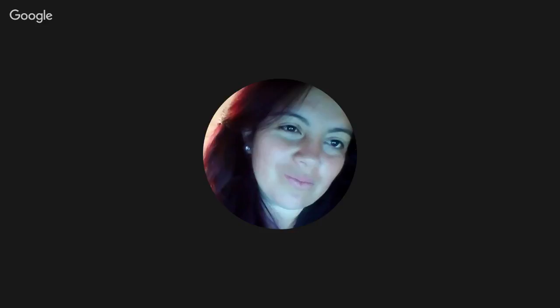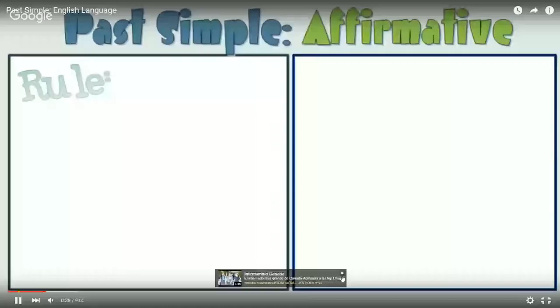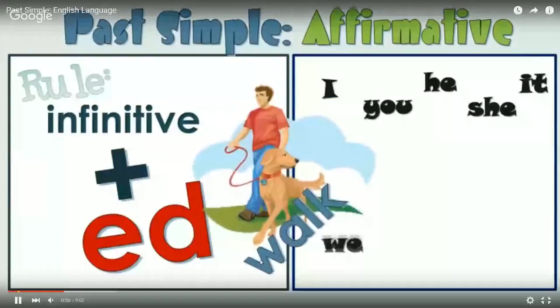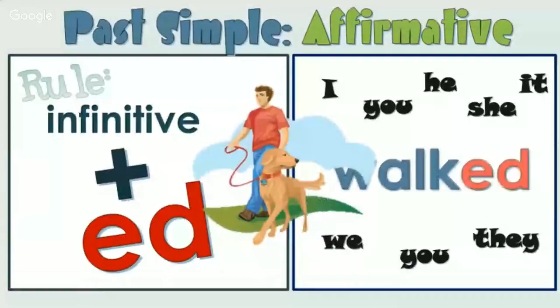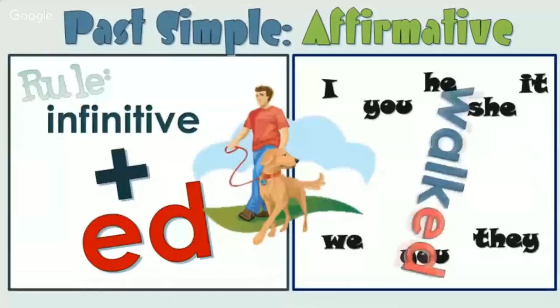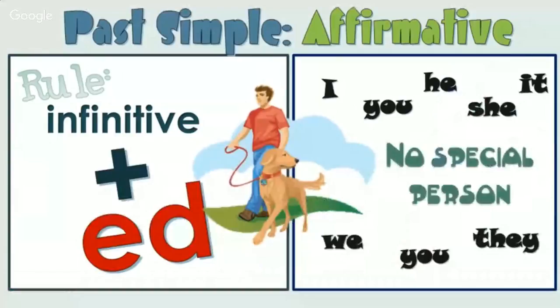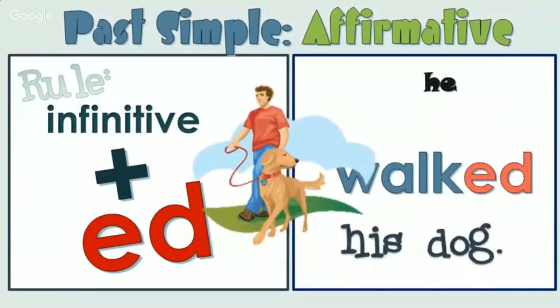Rule: infinitive plus ed. I, you, he, she, it, we, you, they. No special person. He walked his dog.